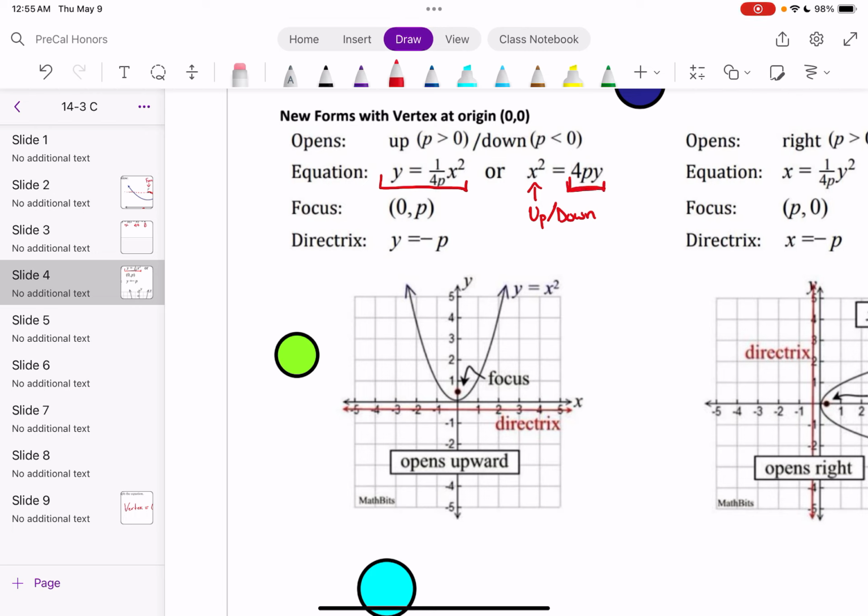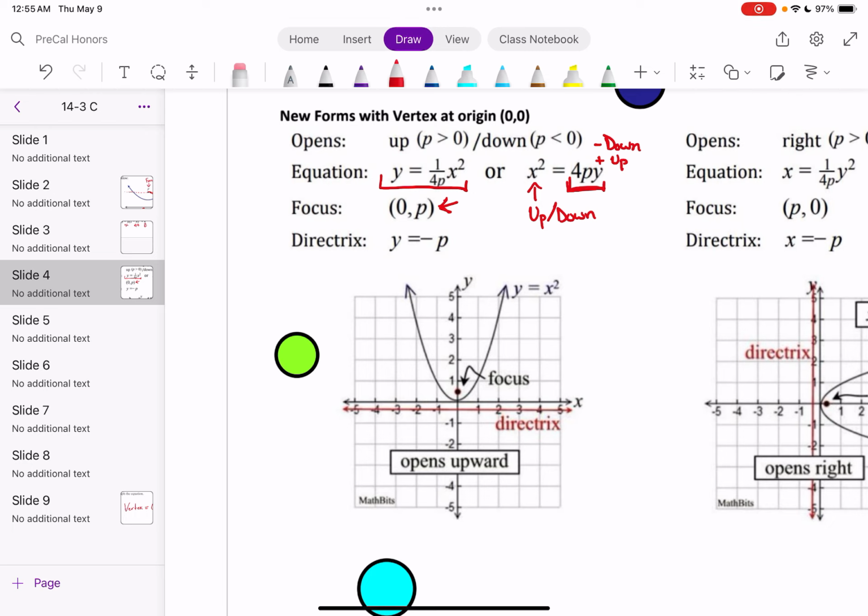If it's negative, it would actually be moving downward. If it's positive, it would be moving up. In general, once we solve for p, that p will tell us whether we would be going up or down, and that p also tells us the focus. So our focus would always be (0, p).